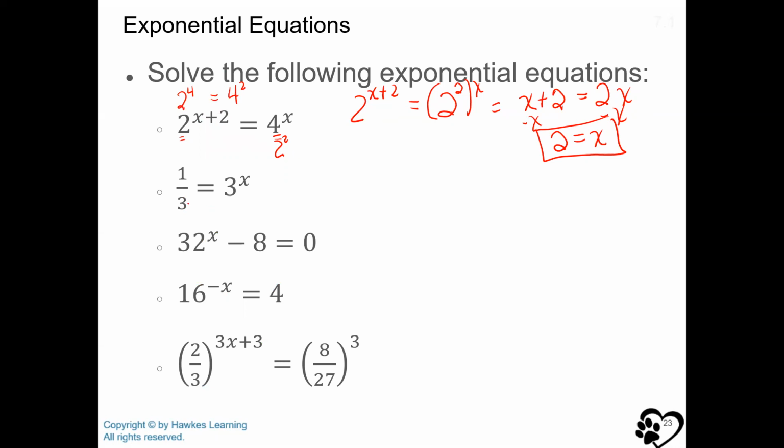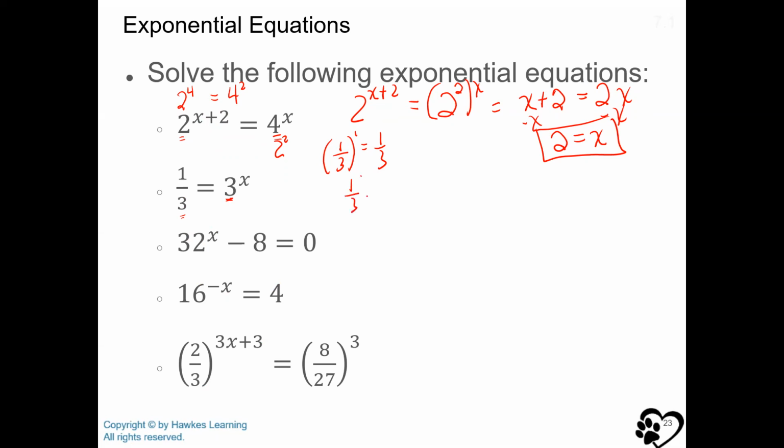All right, so can we rewrite 3 to have a base of 1/3? Well, let's try it. 1/3 raised to the first power is 1/3. But would there be any way to flip that? Could I get 3 up to the top?